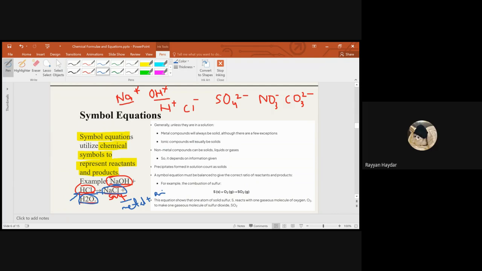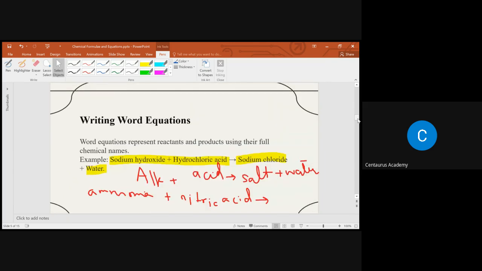Yes, miss. In the last one, I gave you another example of ammonia reacting with nitric acid. Can someone tell me the simple equation for this one? Ammonia is NH3. Yes, Ryan.